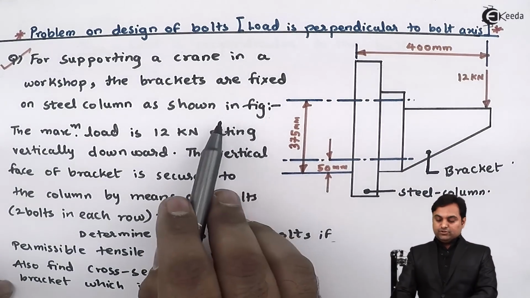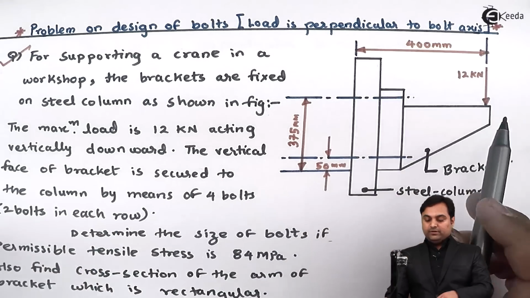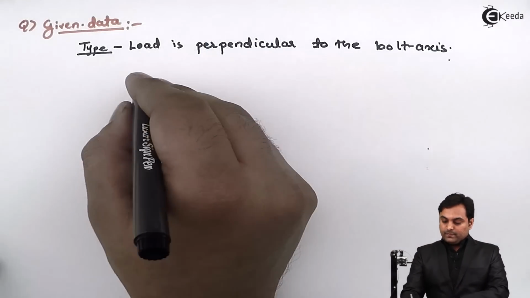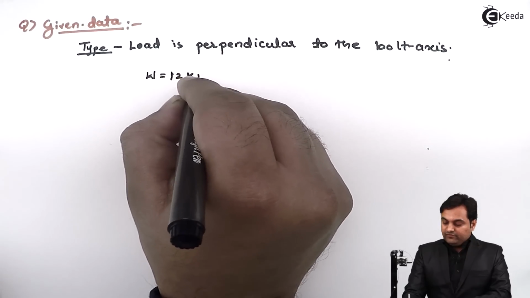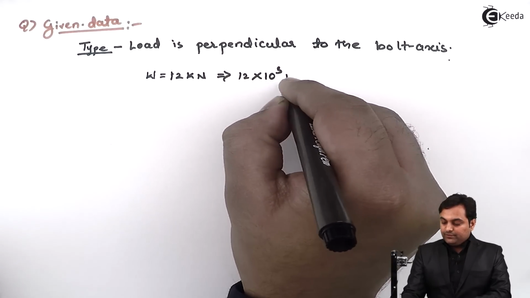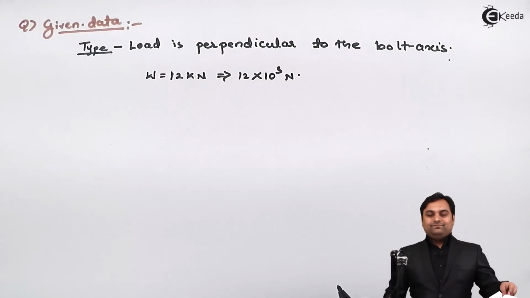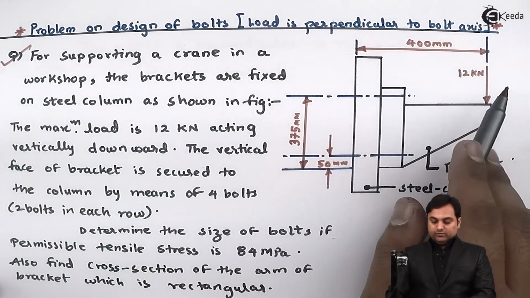Next, as shown in figure, diagram is there. Maximum load is 12 kN. So W is equal to 12 kN. So it is 12 into 10 raised to 3 Newton. Then it is acting vertically downward as shown in figure.